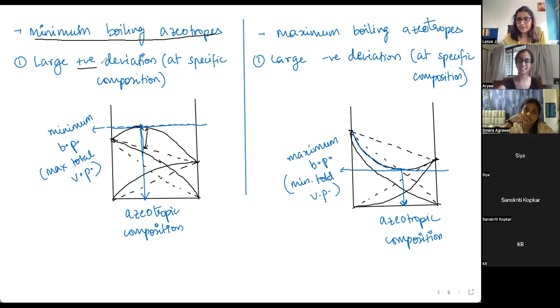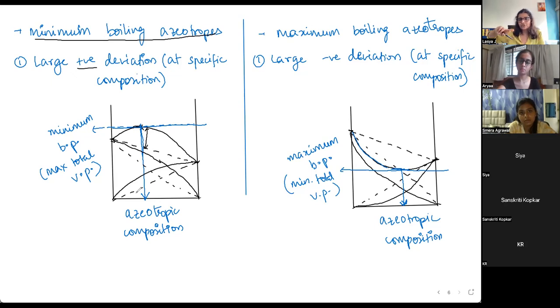Could you say that again? So basically when you have a mixture, there will be one specific composition where the composition in liquid state and vapor state is the same.